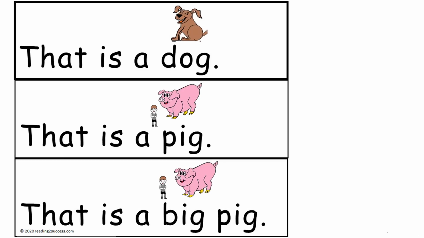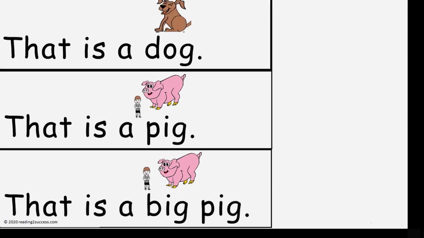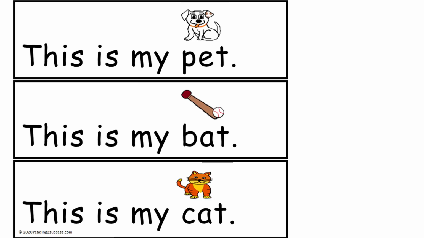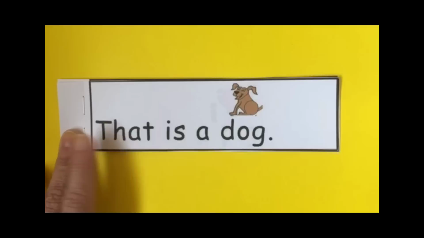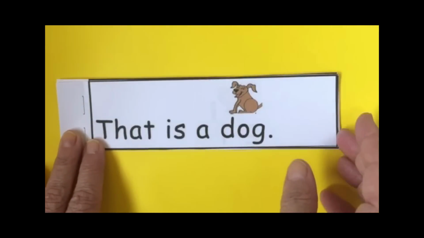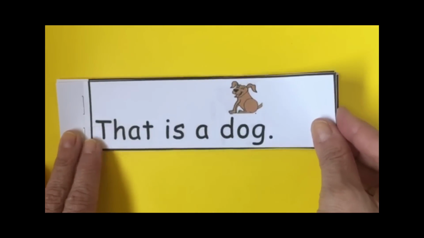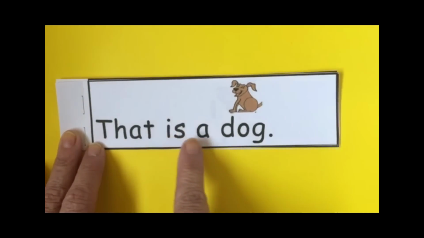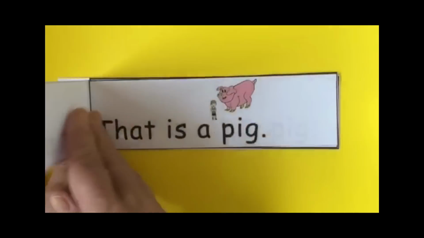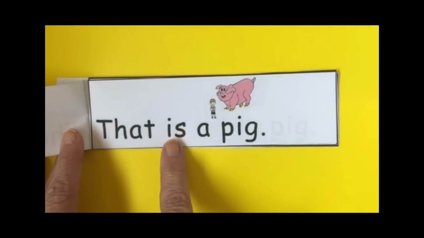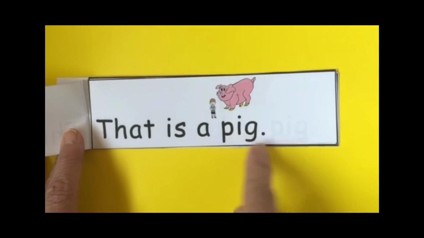To provide kids with more reading practice of the sentences we just did, use these templates to make a mini booklet. Then use the templates to make a little booklet out of the sentences that kids made. That is a dog. That is a pig.